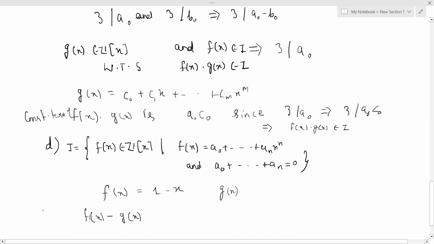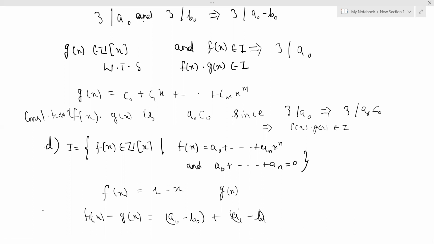f(x) minus g(x) is of the form a naught minus b naught plus a1 minus b1 plus, and so on. Suppose n is less than m. So an minus bn, then minus b(n+1), and so on, minus bm, right?